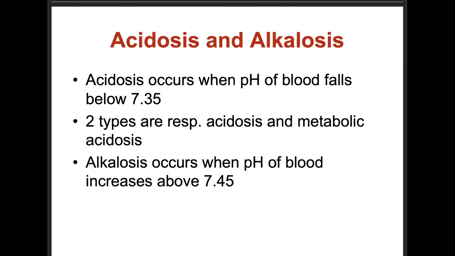And we also have the acidosis and the alkalosis. Acidosis occurs when the pH of blood falls below 7.35. So our normal range is 7.35 to 7.45. So beyond your 7.45, that is already your alkalosis. Below your 7.35, that is your acidosis. Okay, we have two types. We have your respiratory acidosis and metabolic acidosis.